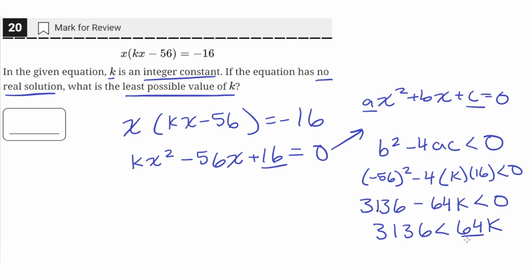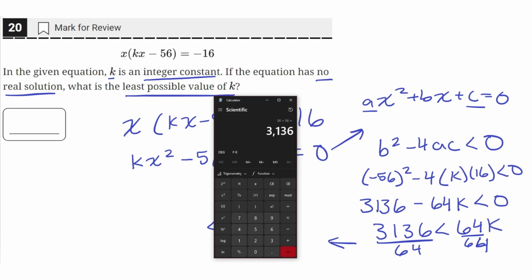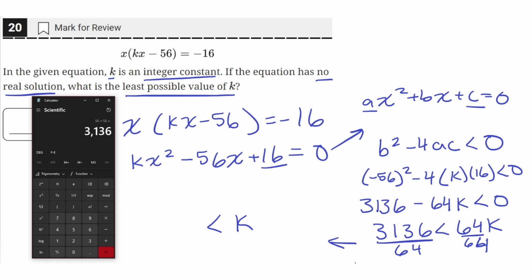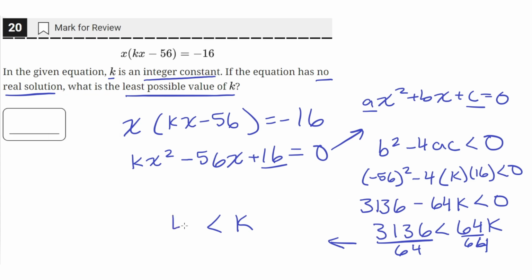Then let's divide both sides by 64 to get k isolated. When we divide both sides by 64, we'll be left with just 1k on the right side, and then we'll have to do this division in our calculator. So 3,136 divided by 64 equals 49.